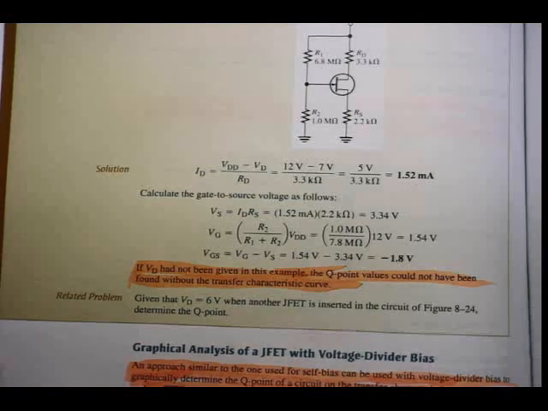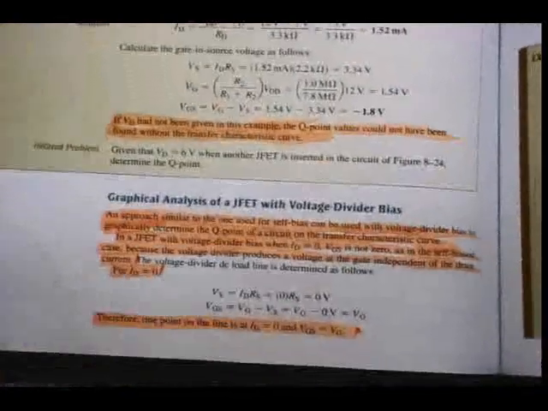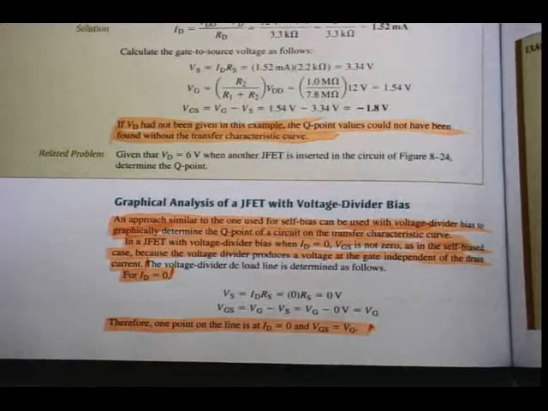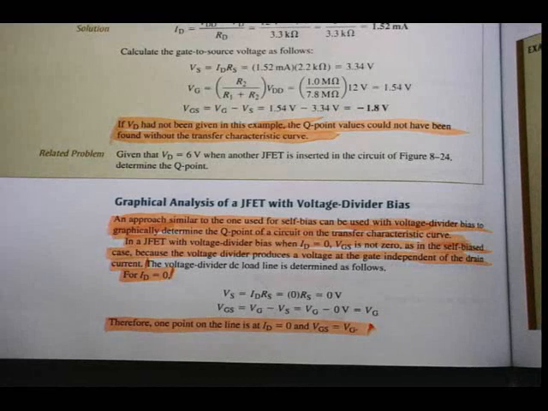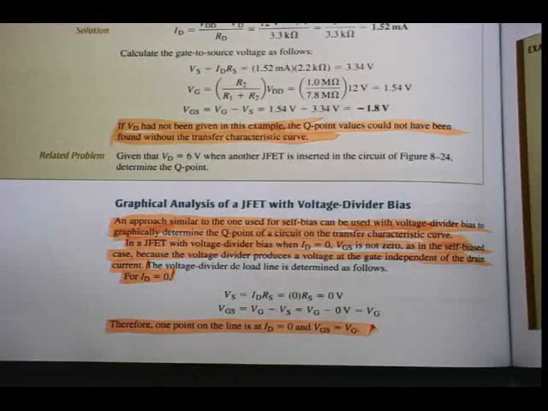Alright, also very important, and please pay attention in this section, the graphical analysis of a JFET with voltage divider bias. You can mark, as I've done as well, an approach similar to the one used for the self bias can be used with voltage divider bias to graphically determine the Q point of a circuit on the transfer characteristic curve. In a JFET with voltage divider bias, when ID is equal to 0, VGS is not 0.